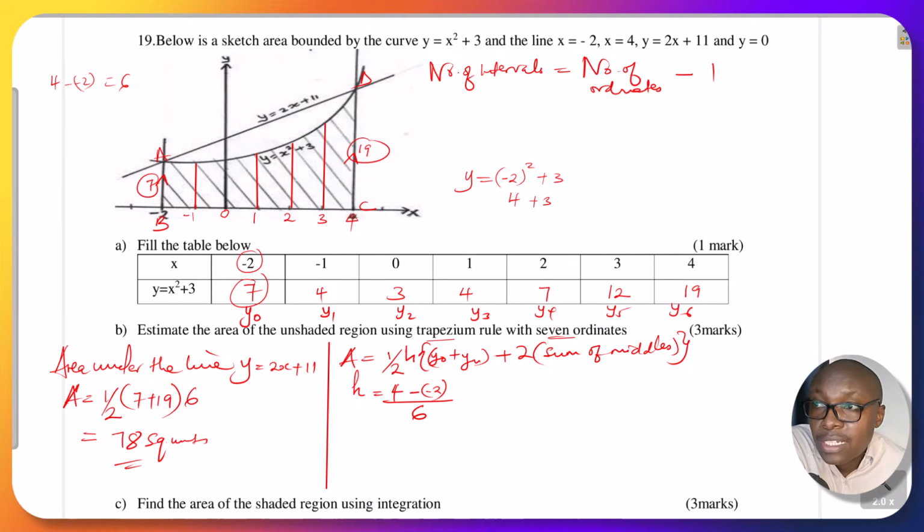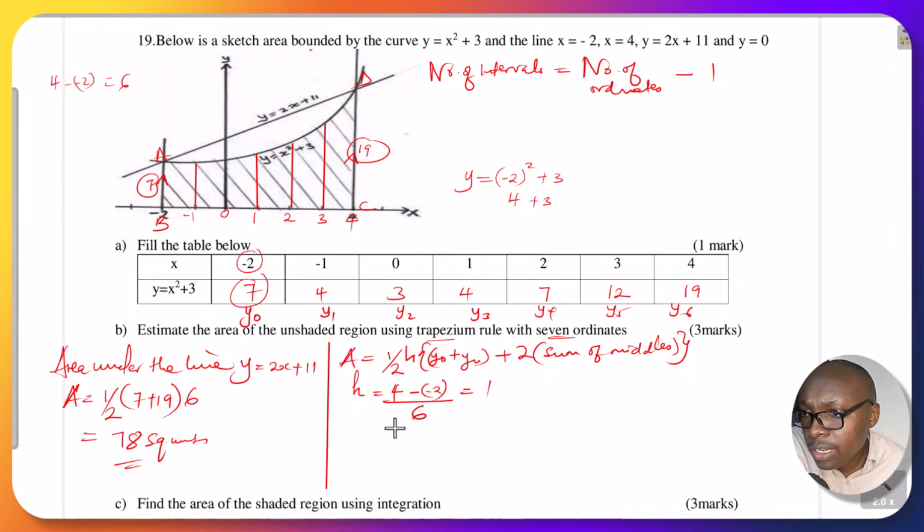So there are 6 intervals. When I'm counting the intervals, I'm counting these spaces: from -2 to -1, that is one interval. From -1 to 0, another interval. From 0 to 1, another. From 1 to 2, another. So there are 6. That is why I've divided by 6: I've taken the ordinates and subtracted 1. So this will give me the height, and the height will be 1.